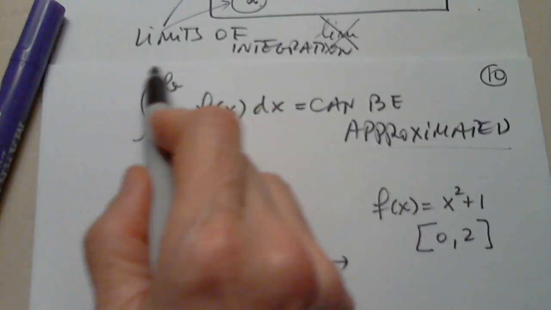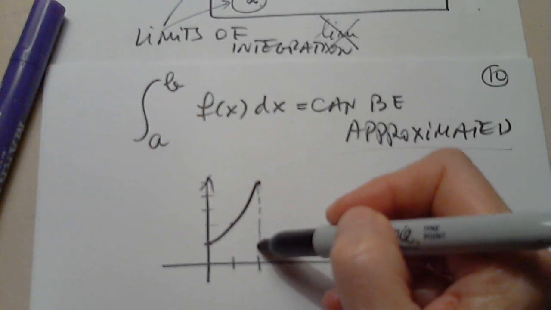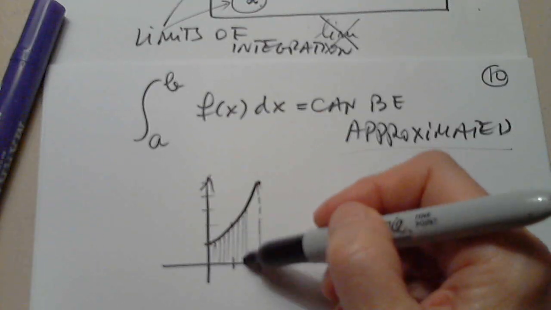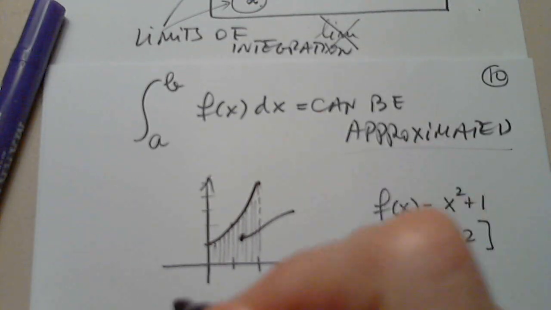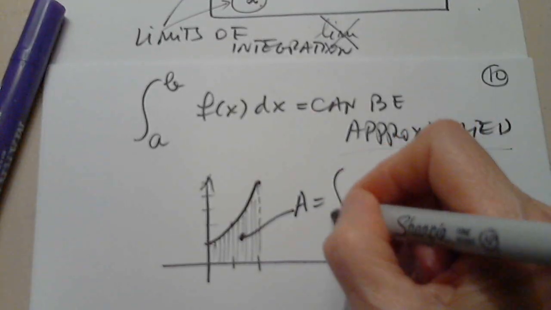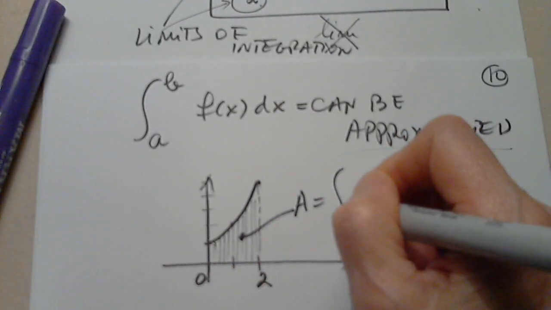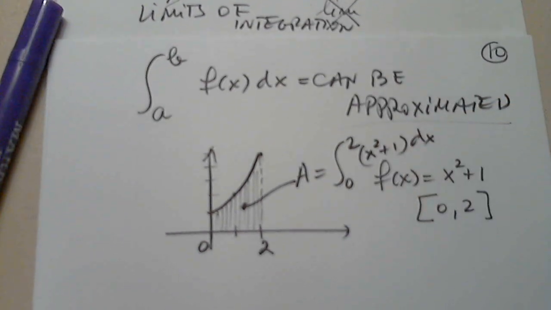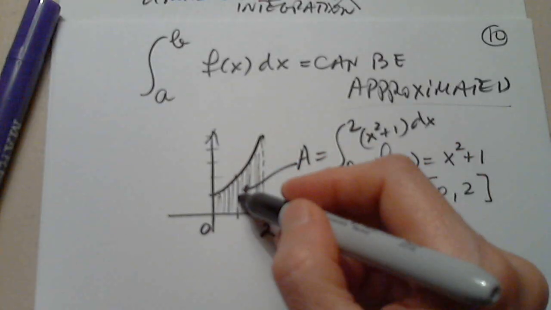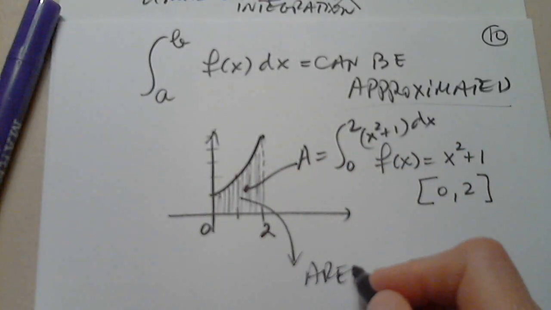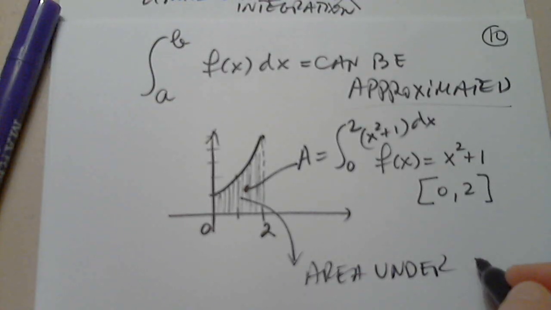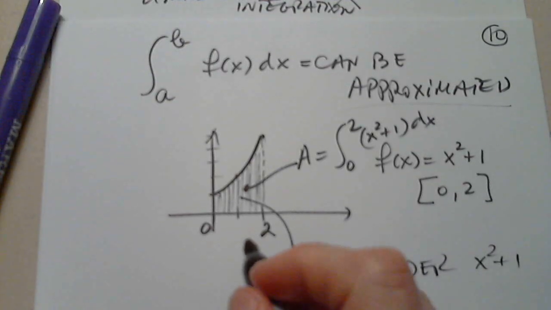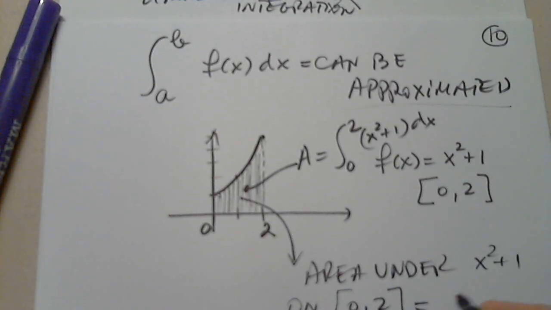What does this represent is the area under the graph. This area is the integral from 0 to 2 of x squared plus 1 dx. So the area under the graph, this number, the area under x squared plus 1, specifically on the interval 0, 2, is the definite integral from 0 to 2 of x squared plus 1 dx.